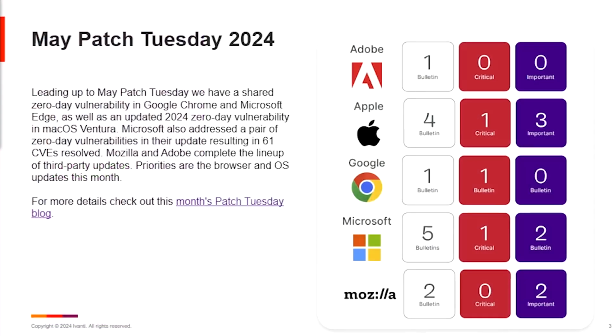So starting off, we did have a big lineup, especially from the third-party side. Adobe had their Adobe Acrobat release, Acrobat and Acrobat Reader, and they did release a number of other solutions as well. But Acrobat and Acrobat Reader is the main one that people need to make sure they're getting updated more frequently than the others. A lot of the other applications that Adobe runs, they tend to do their prioritization based on likelihood of their solutions being targeted.